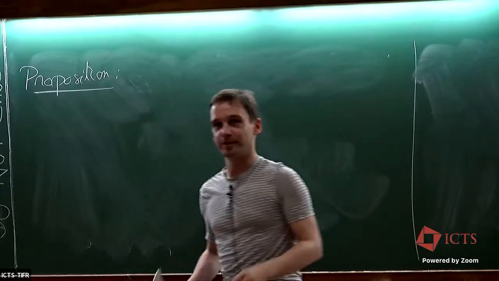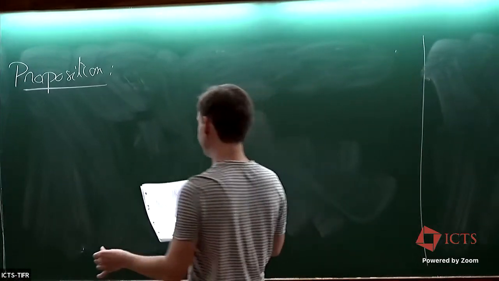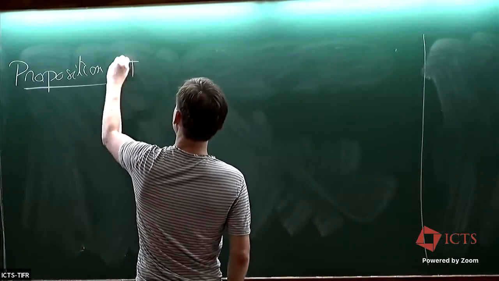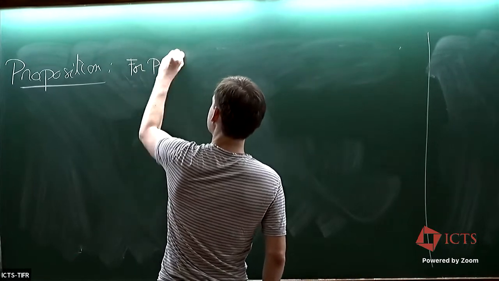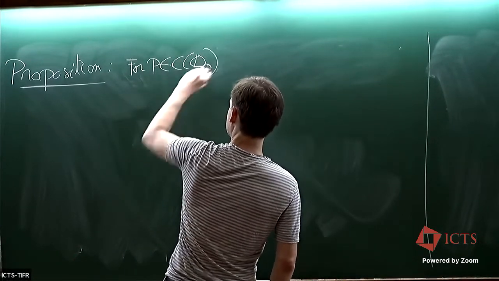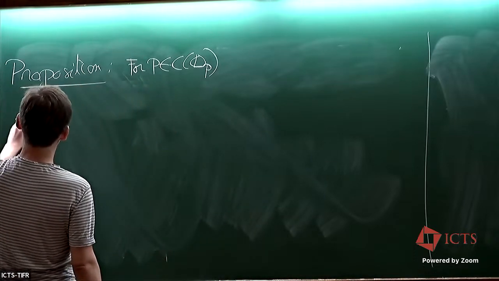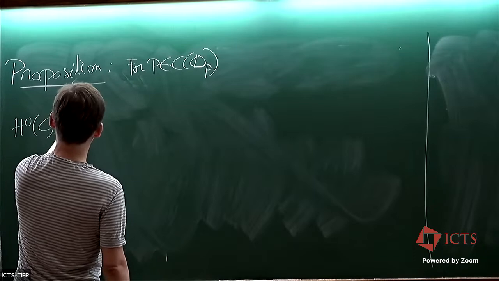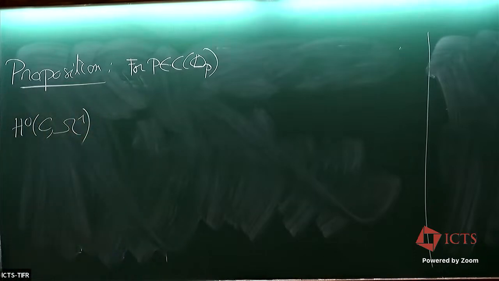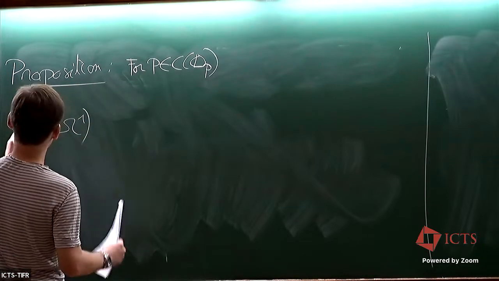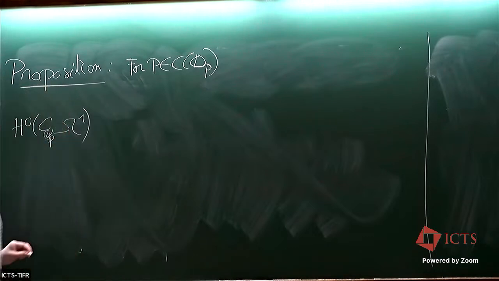So let's start back with my good old curve C over Q and look at the p-adic points. I can start with the global C over Q_p, the global one forms.